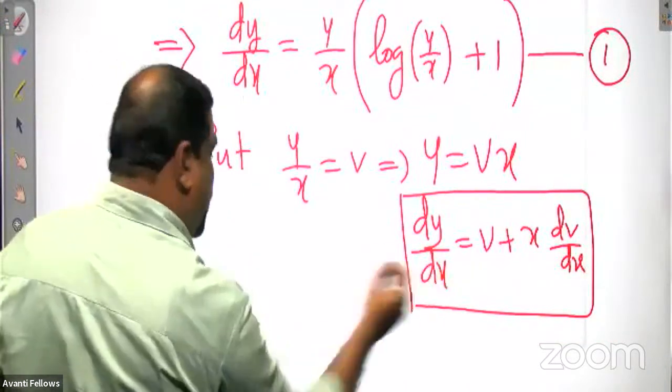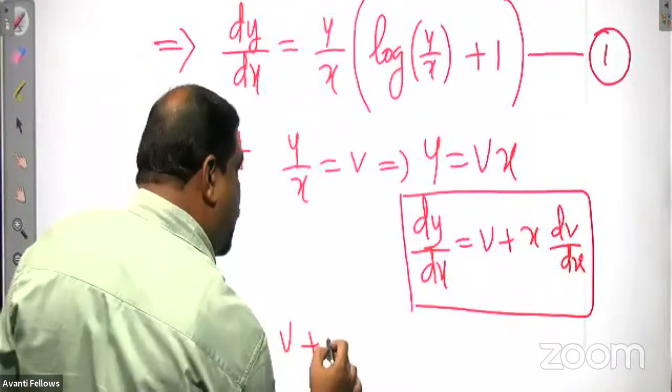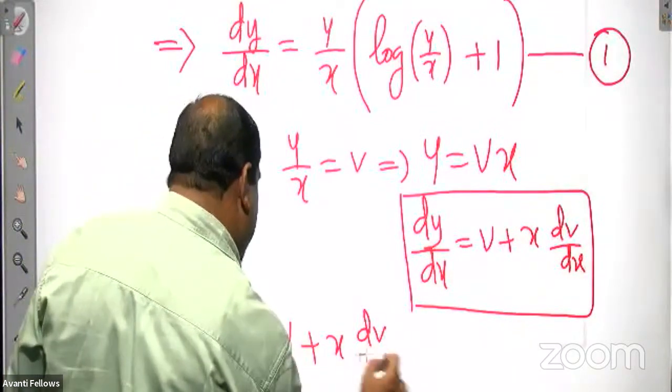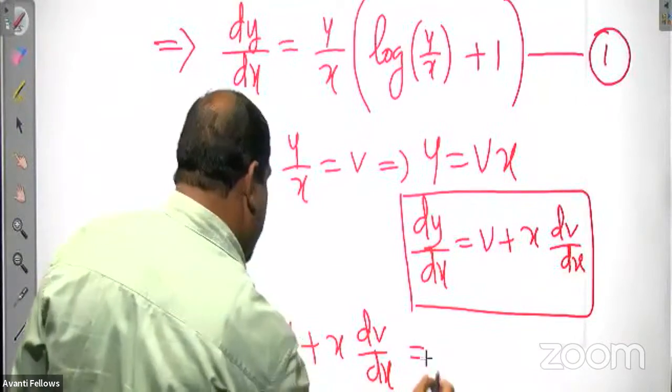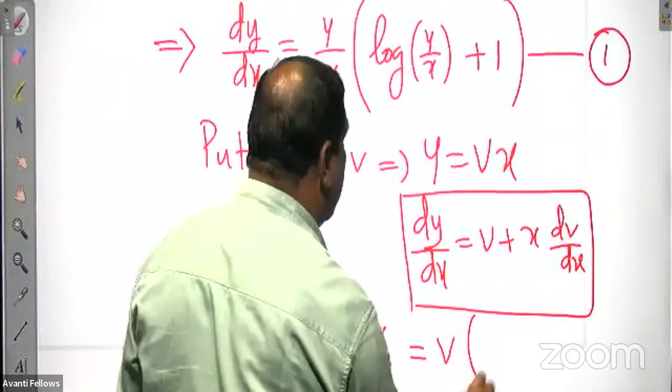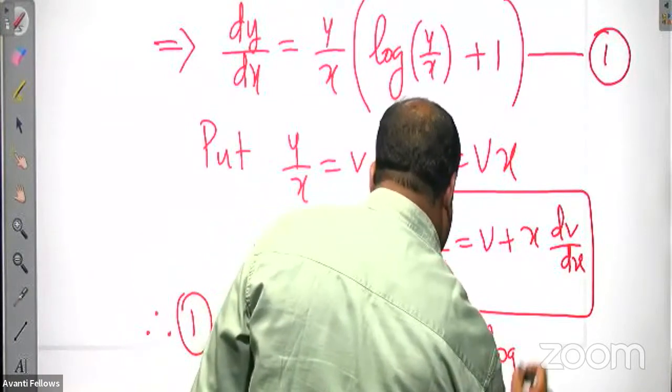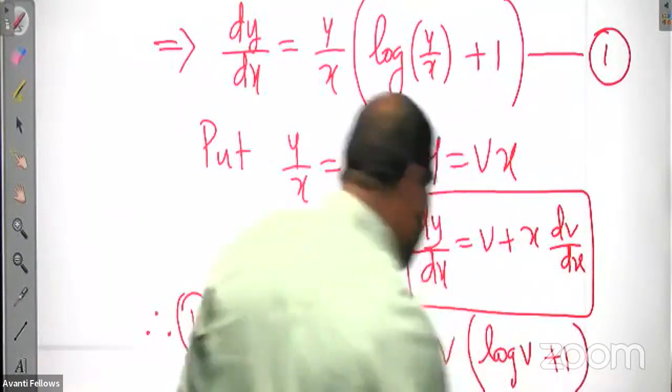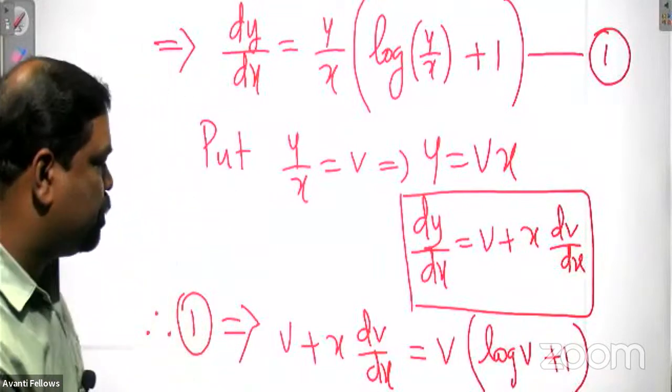So the given differential equation becomes, in place of dy by dx, v plus x into dv by dx equal to y by x, which stands for v, into log v plus 1.